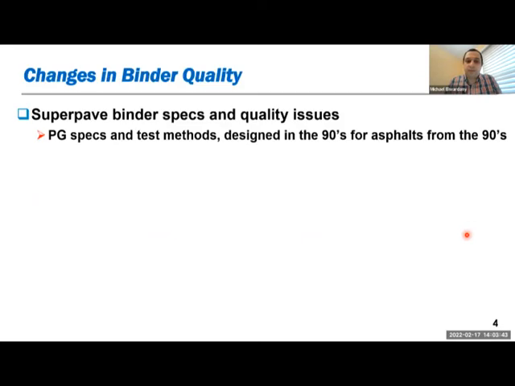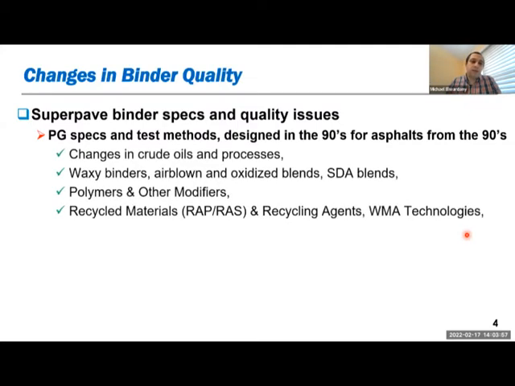So the problem statement. There are significant changes that took place in the asphalt binder market after the development of the SHRP Superpave specifications in the 90s. As you can see, there are changes in crude oils, in the processing of these crude oils, and refining methods.